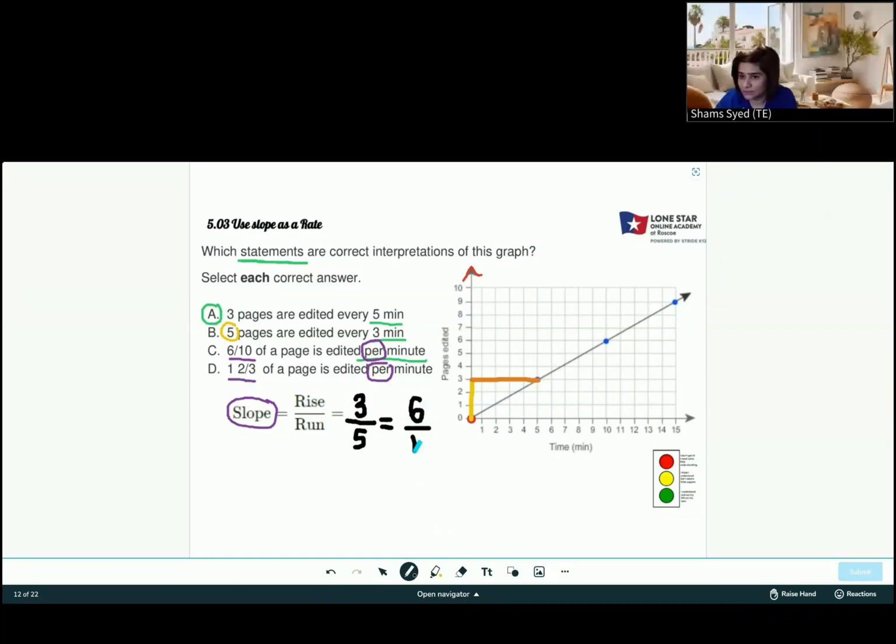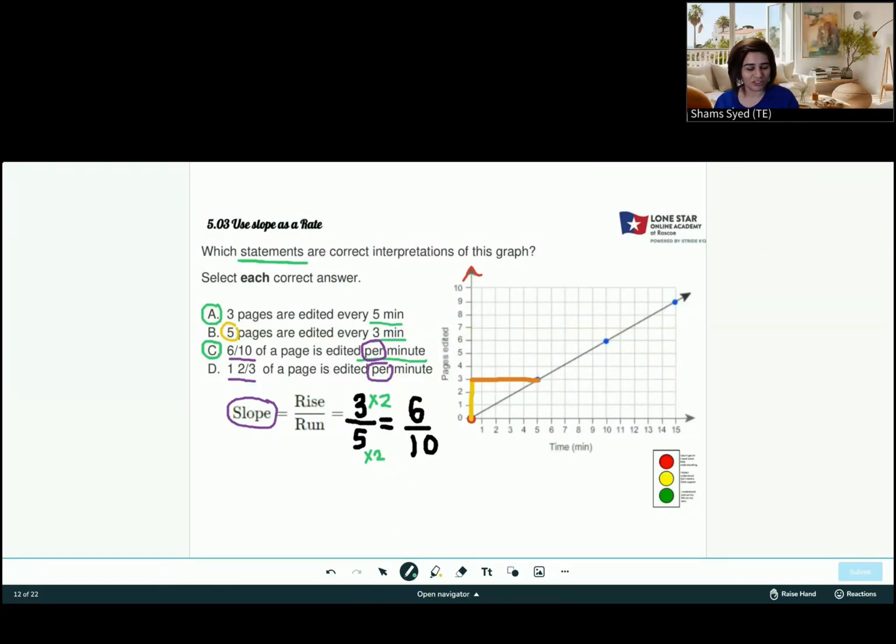That makes sense? Yeah? Because they're the same fractions, right? Think in your brain, you're multiplying it by 2 and generating an equivalent fraction. Got it? So we can say actually a slope of 6/10 is correct. Not 1 whole 2/3. So Regina is right. Answers A and C are correct for this particular one.